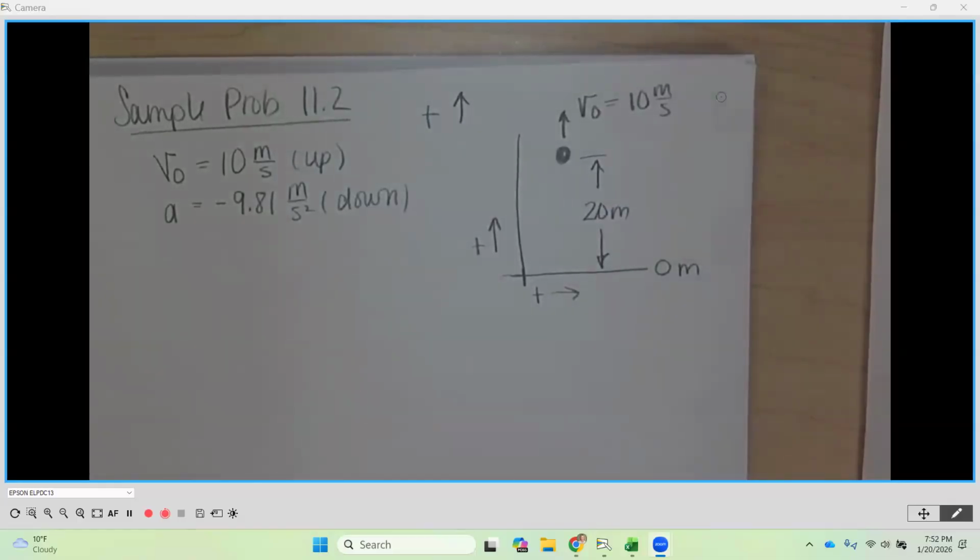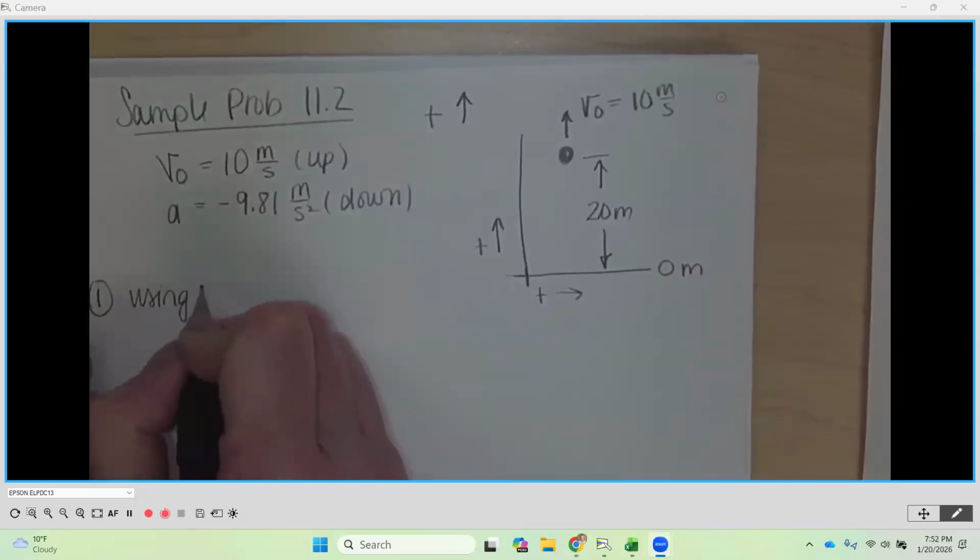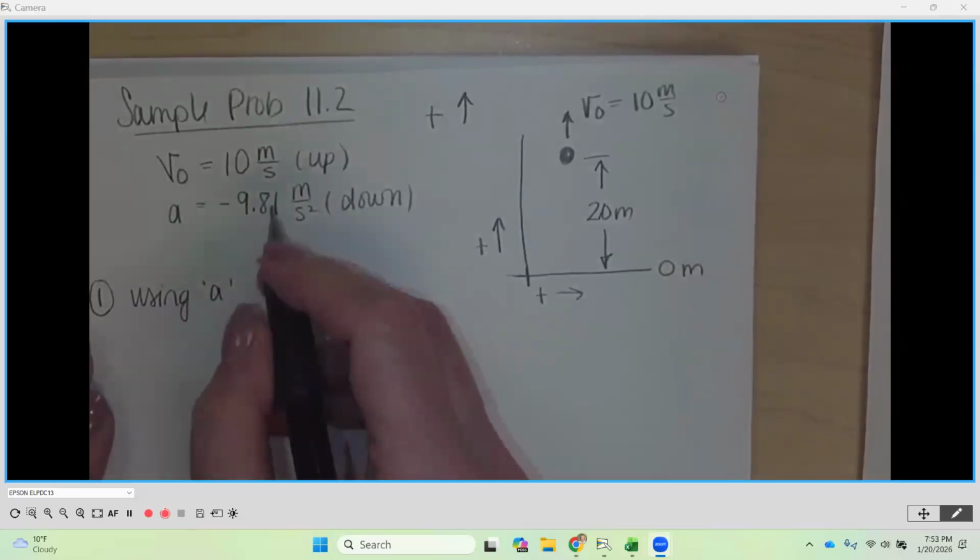Now, first things first, like I said, we need to determine our equations for each one of our curves so we can fill them in Excel. Because we're starting with our acceleration, we're going to do the integral to get to the velocity, and then again to get to our position. So step number 1 is using our acceleration.